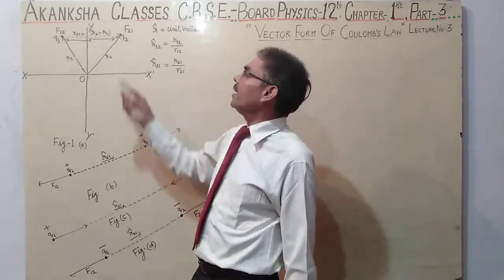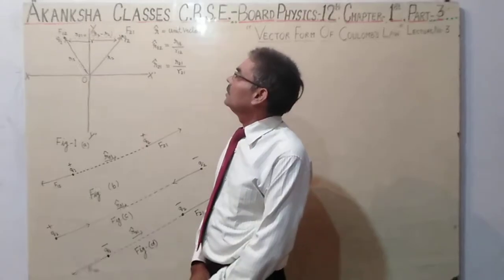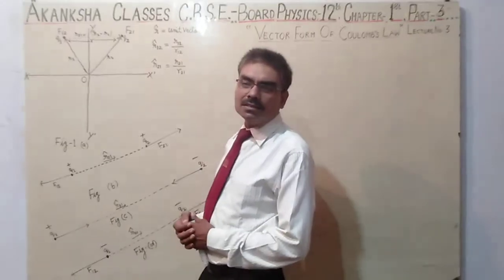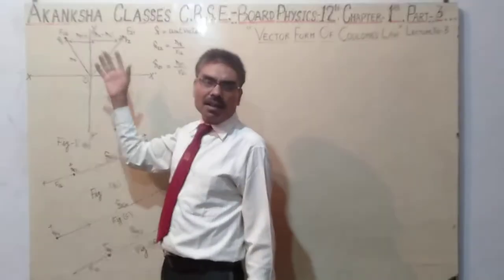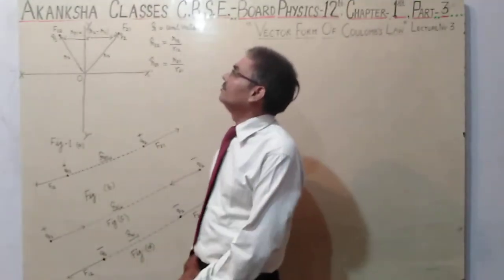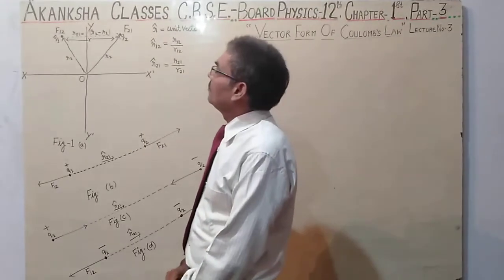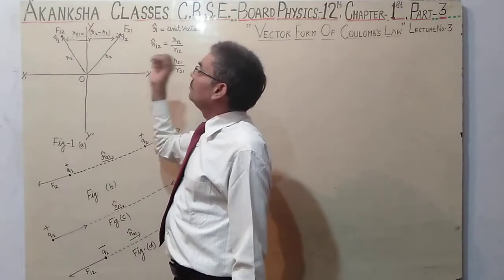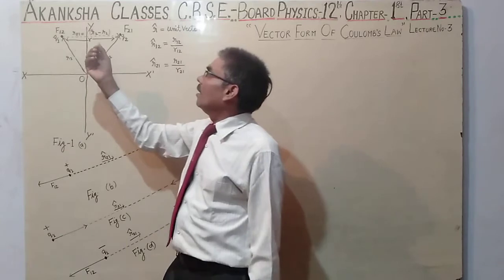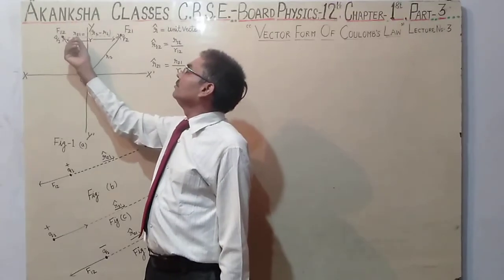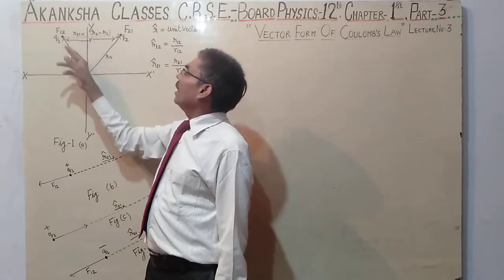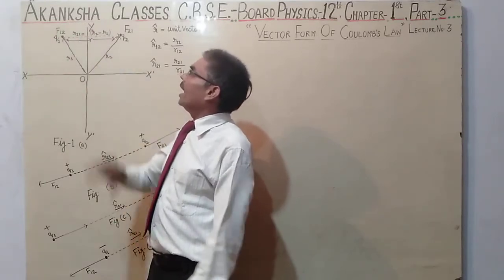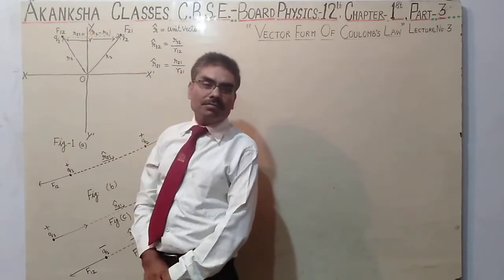Charge 2 is represented by Q2. We have to determine how they can be converted in the form of a vector. Students, we have to find the value of the resultant of R2 and R1.